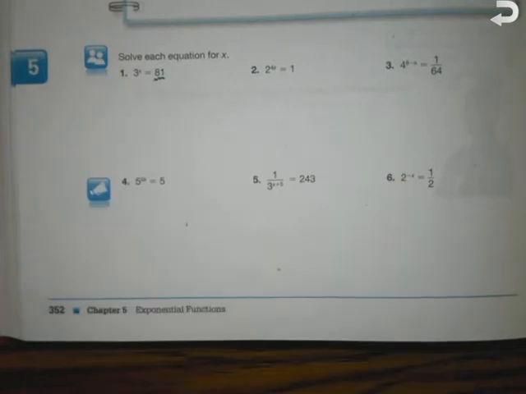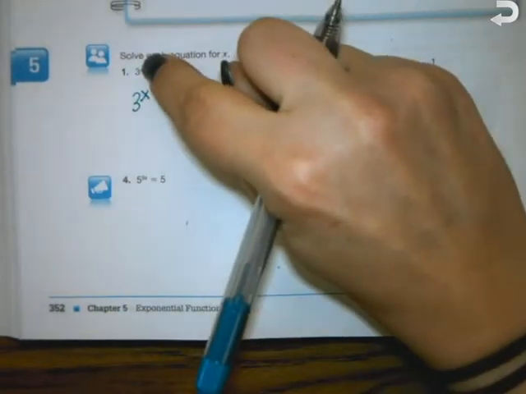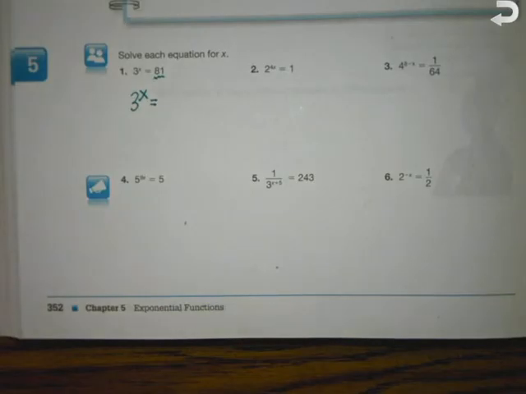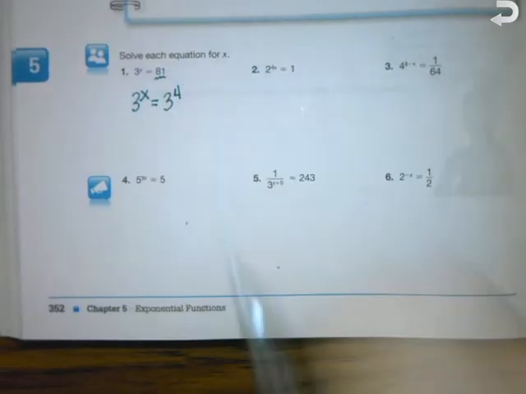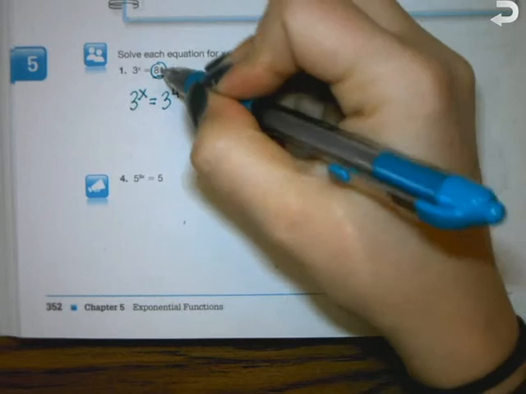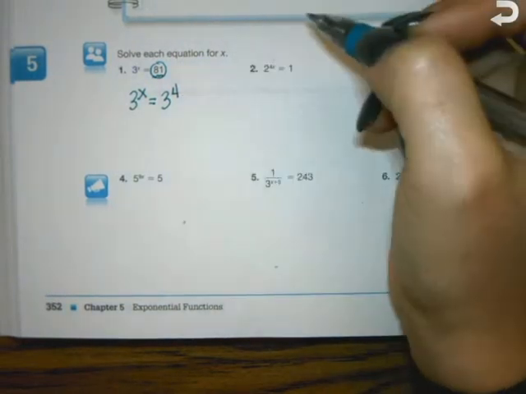So here's how you're going to show your work. 3 to the x, that's the left-hand side, equals 81, which is the same as 3 to the 4th power, correct? So all I did was rewrite 81 using a base of 3. Now, let's see if this makes sense.